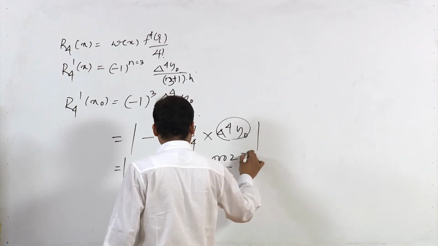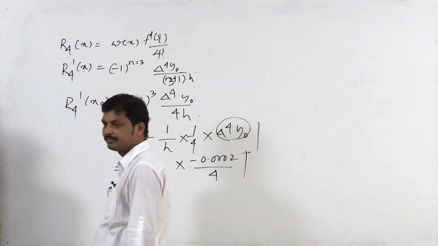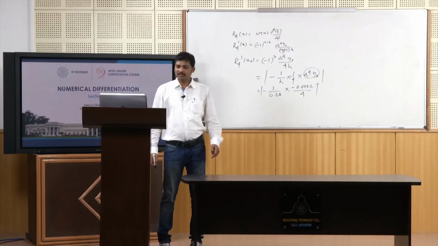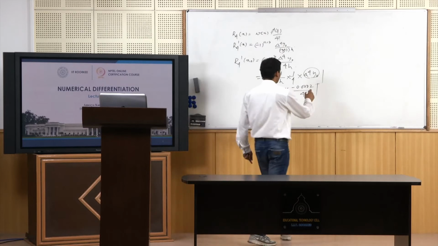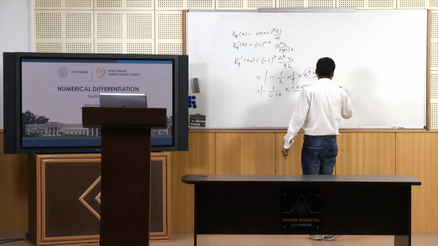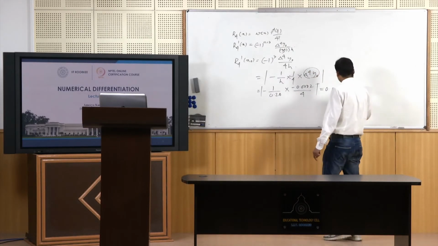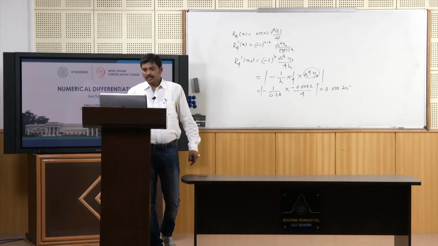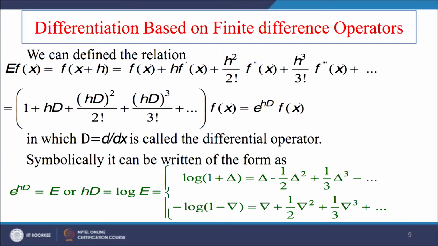So, this can be written in this form here, and obviously this value is just giving you 0.00025 here.